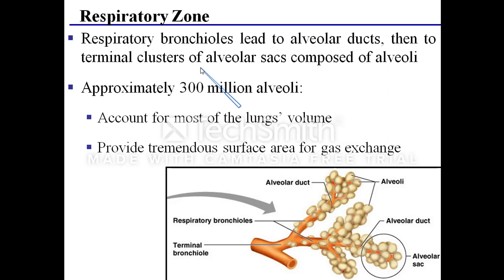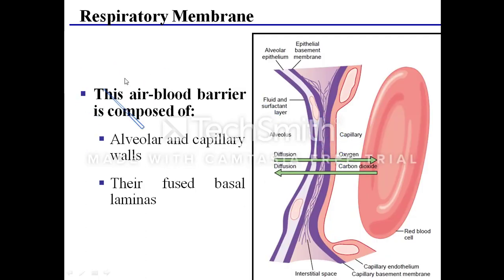The basic function of the lungs is to allow exchange of gases, which takes place in the alveoli. For exchange of gases, there is a membrane or barrier which controls the exchange. That membrane is called the respiratory membrane. It is also called the air-blood barrier.